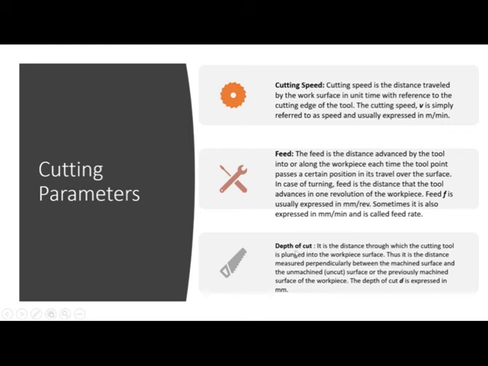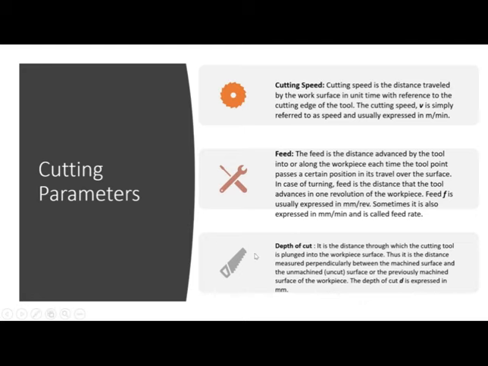The last one is the depth of cut. It is the distance through which the cutting tool is plunged into the workpiece surface. Thus it is the distance measured perpendicularly between the machined surface and the unmachined surface or the previously machined surface of the workpiece. The depth of cut D is expressed in mm.